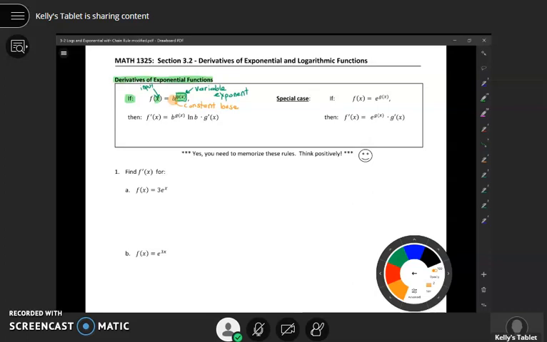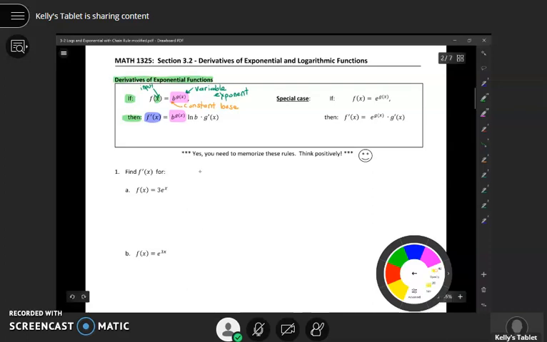Now, if your function is set up like that, then we'll find our derivative using this rule. So what is that rule telling me? Okay, that rule says, to find the derivative, you're going to start by rewriting the exponential rule exactly as you see it.